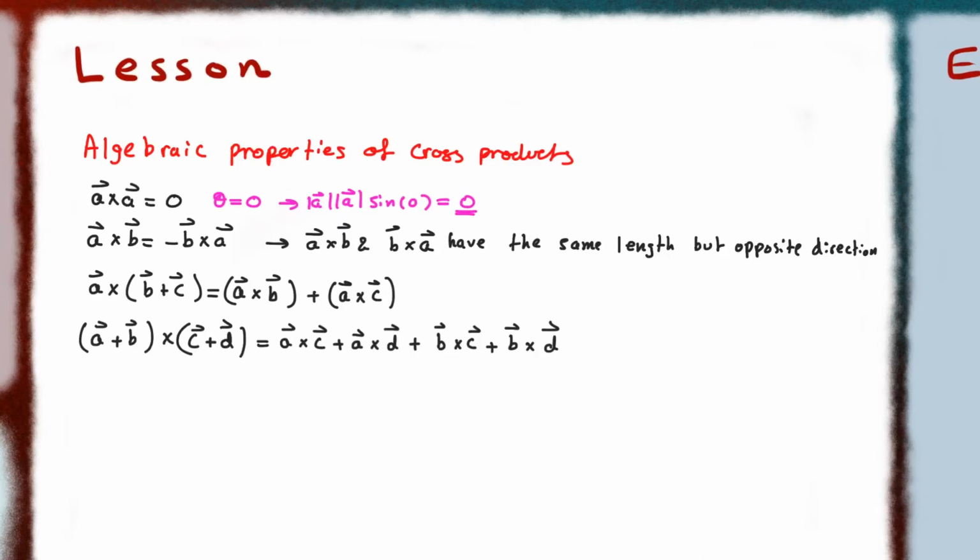All of these properties can easily be proven by taking the cross product of the left-hand side and the right-hand side with the component form of the vectors and seeing that they're equal.